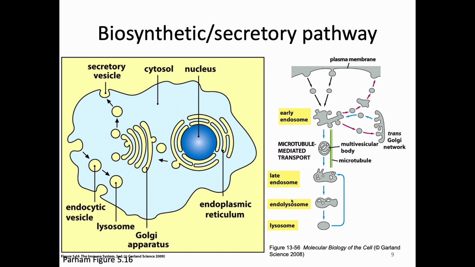But that vesicle, that compartment, can change in different ways. Sometimes it changes by fusing with other vesicles and gaining their contents. I'm not going to really distinguish between those two options here. But we can get things like late endosomes, lysosomes, things like that.